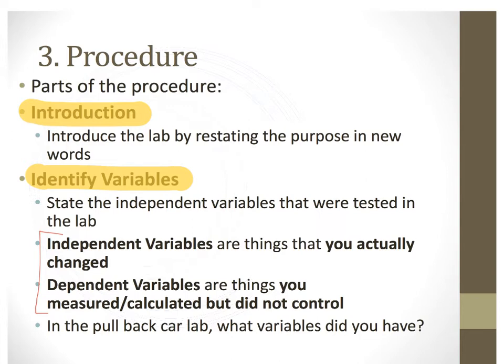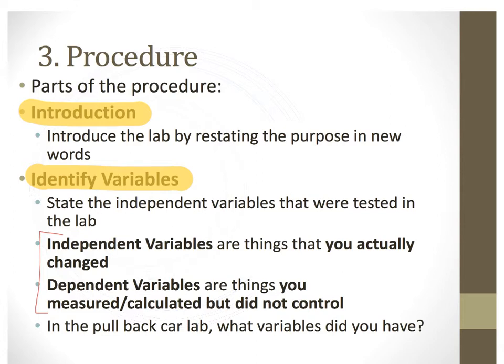If you haven't taken stat, here's the key difference between independent variables and dependent variables. Independent variables are things that you actually changed, things that you had control over. Dependent variables are things that might have changed as a result of what you changed, but weren't something that you had direct control over.